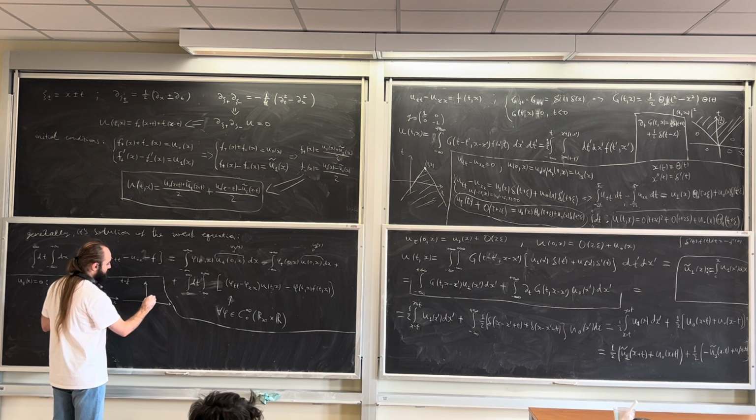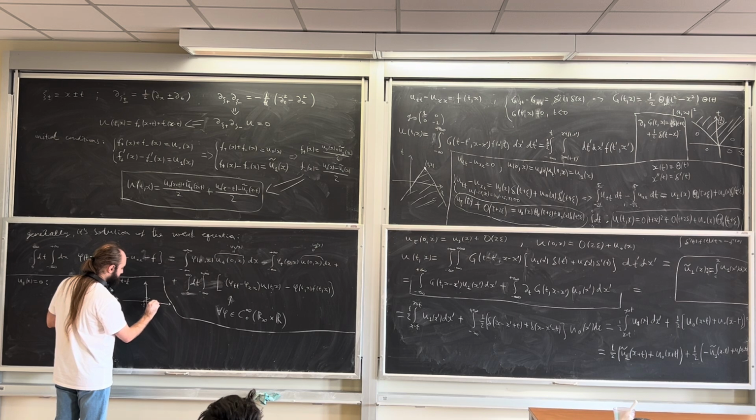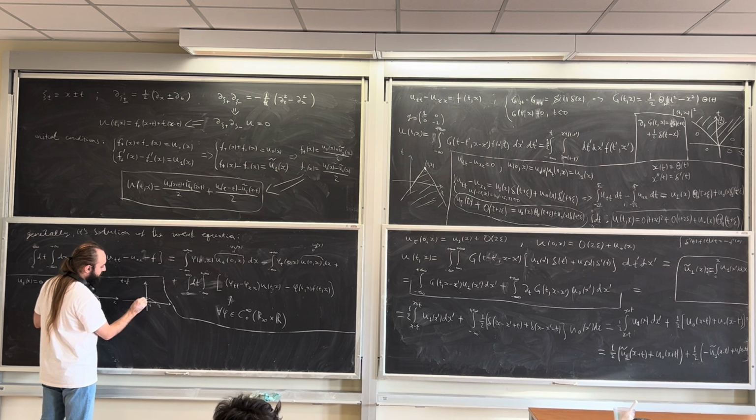So this triangle is here, and this is 3/2, and this triangle will be here. And this is minus 3/2.